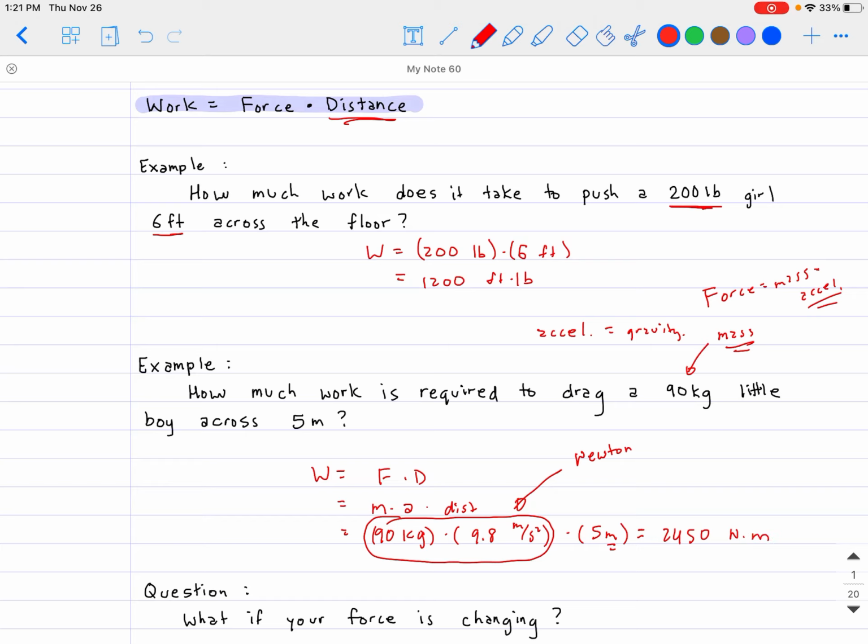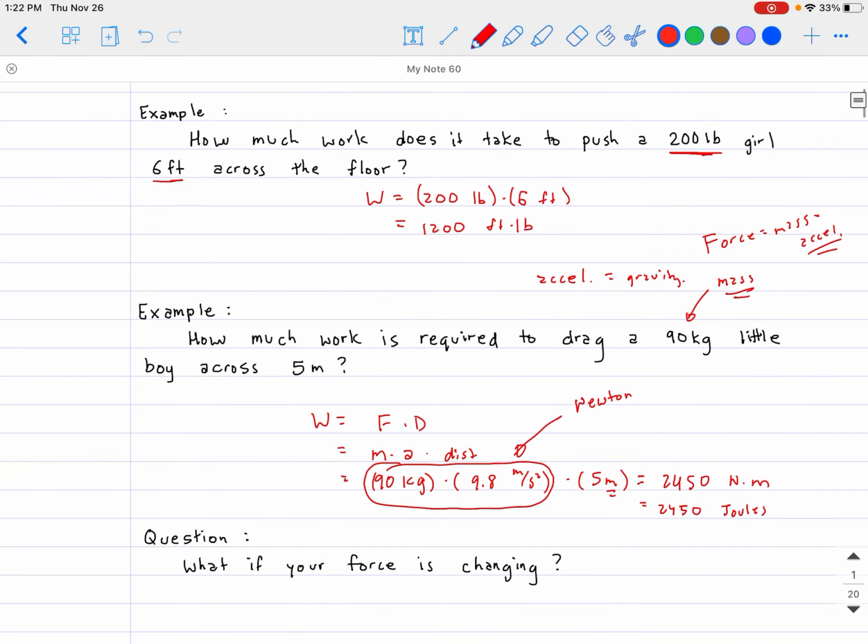So the unit that we're solving for is called newton meters. Or if you want, just so that it sounds a little better, it is also known as joules. Either one of those should be okay. But that's basically the simple idea behind work. You need to figure out what something weighs, or what its mass is, and then multiply it by the distance that you are going to have it travel, for the most part.